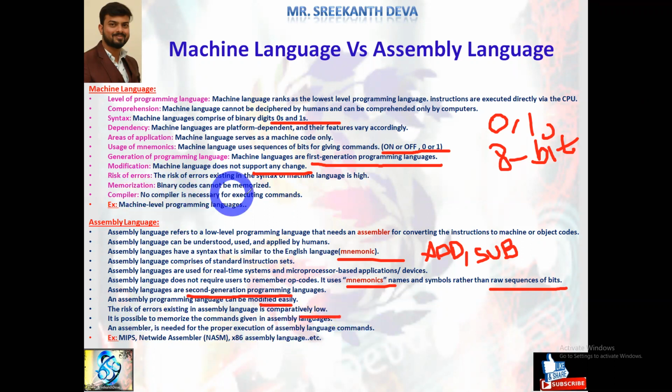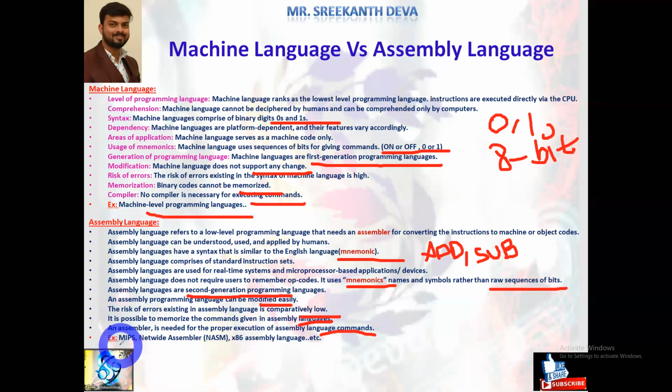Memorization: binary codes cannot be memorized, but an assembler is needed for the proper execution of the commands given in assembly language. Compiler: no compiler is necessary for executing the commands. An assembler is a translator needed for the proper execution of assembly language commands.